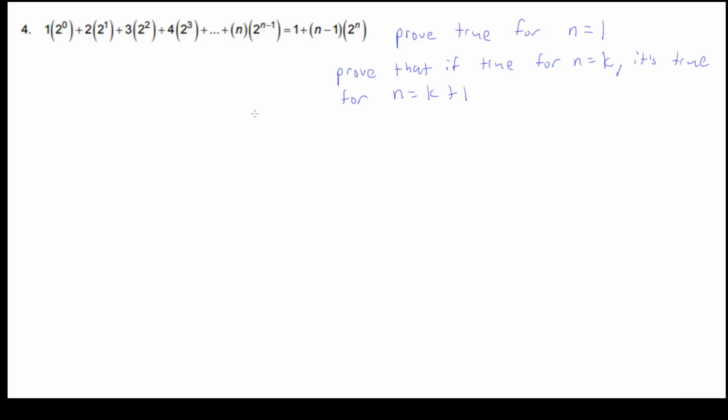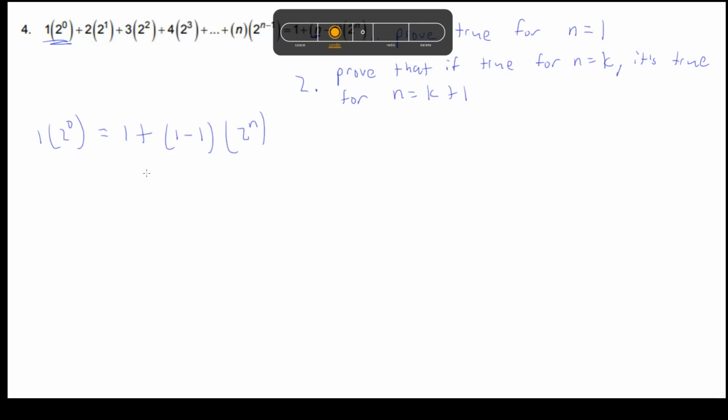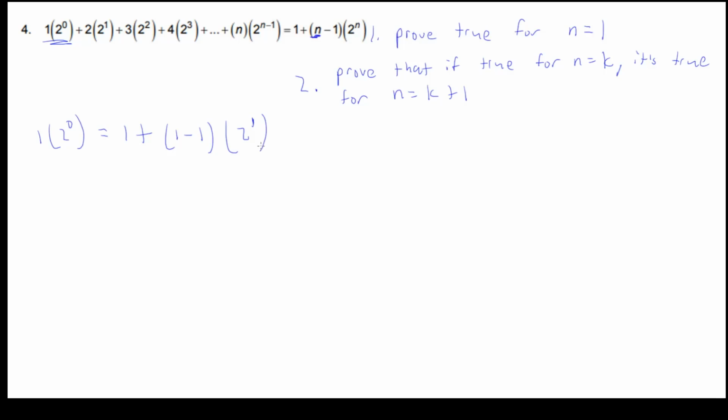Okay, so first of all, let's do the first step here. Prove that it's true for n equals 1. So when n equals 1, we have just this term right here. So 1 times 2 to the power of 0 equals 1 plus, and we're going to insert 1 here for n, so 1 plus 1 minus 1 times 2 to the 1.